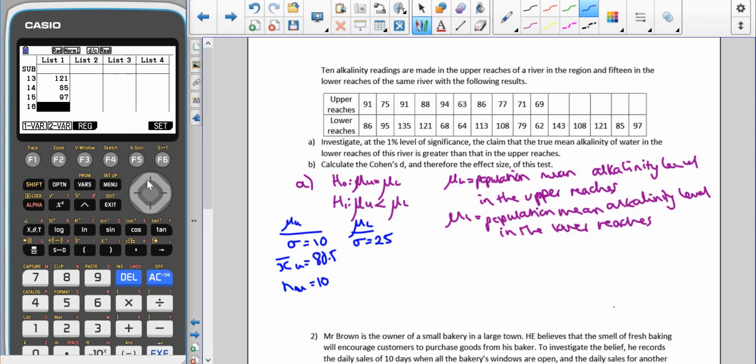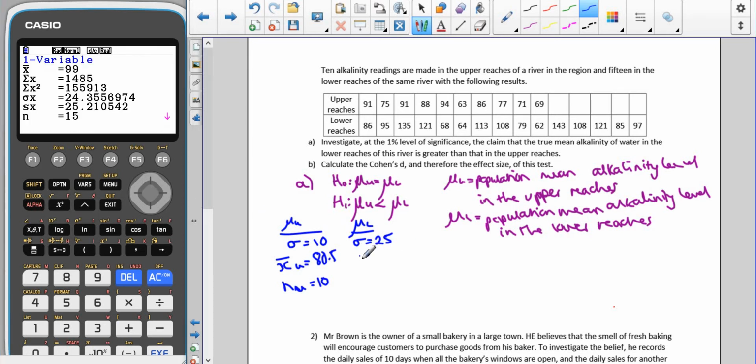And again, double check that you have entered all the data in correctly. We are going to be using these values again later on, so it's extra important that we get them correct now. Which gives us a mean in the lower reaches of 99, and the number of pieces of data in the lower reaches is 15. So remember, for a 2 sample normal test, we're using the formula that's on page 6.